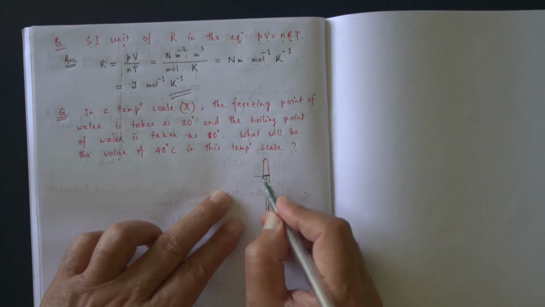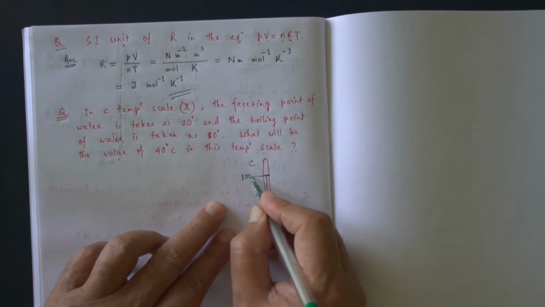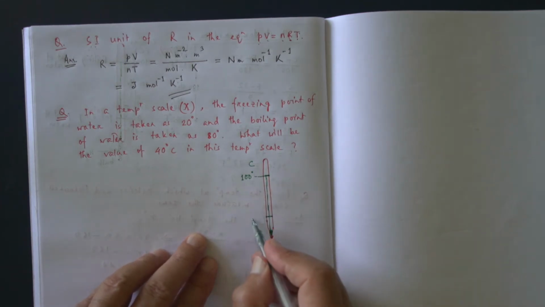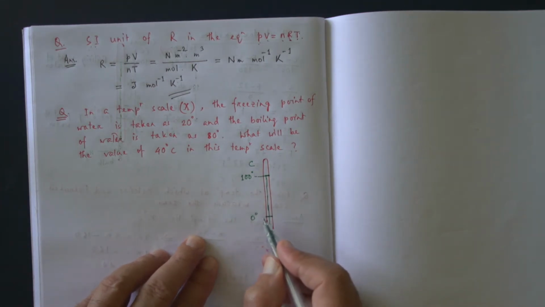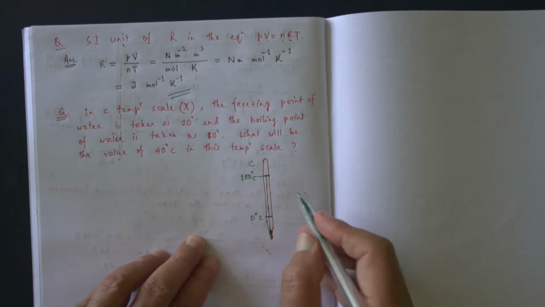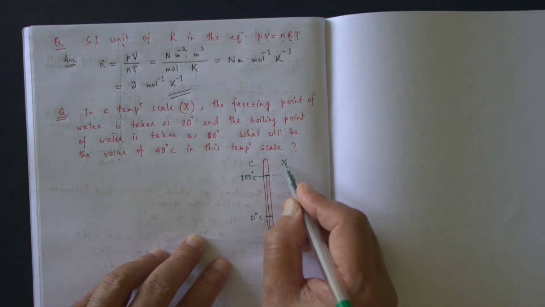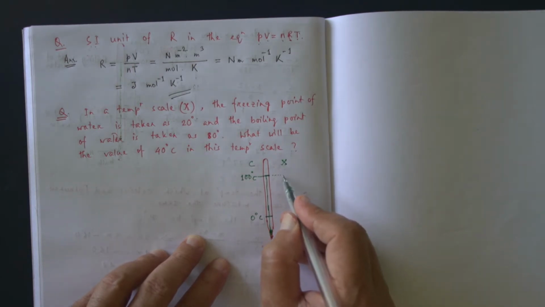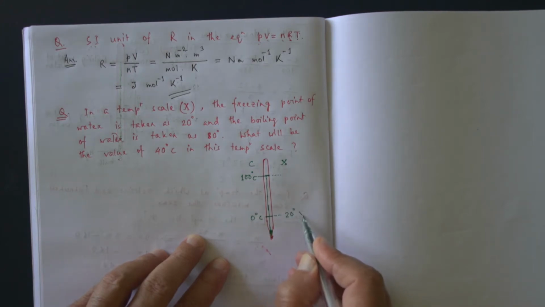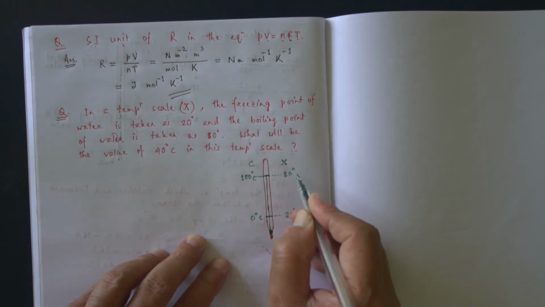In Celsius scale this is 100 degree, and this is the freezing point. In Celsius scale this is 0 degree. Okay, 0 degree Celsius or 100 degrees Celsius. Now we have another scale, that is X. Okay, so here freezing point is taken as 20 degree X, and this is 80 degree X.